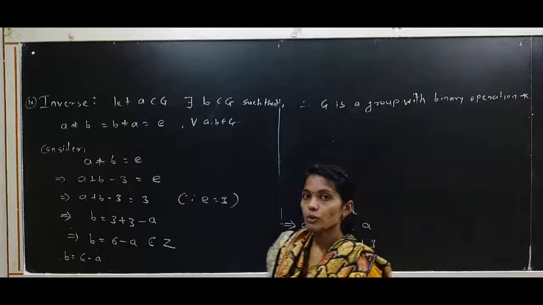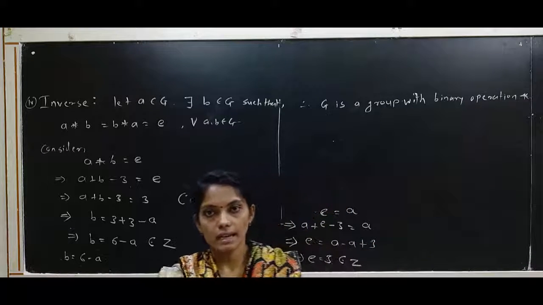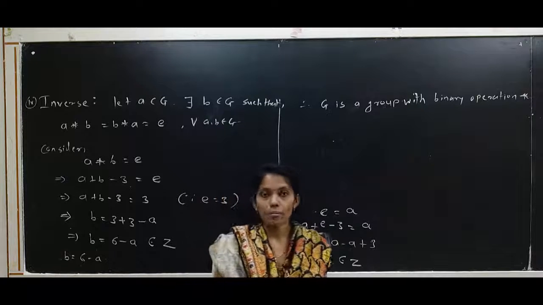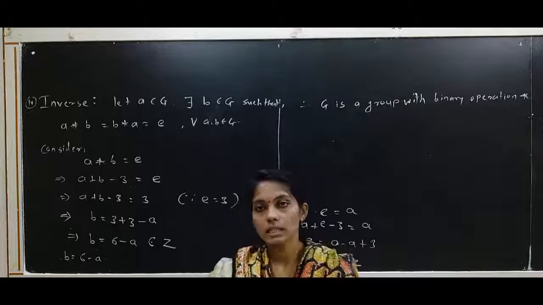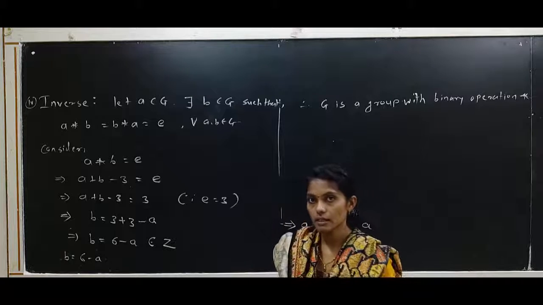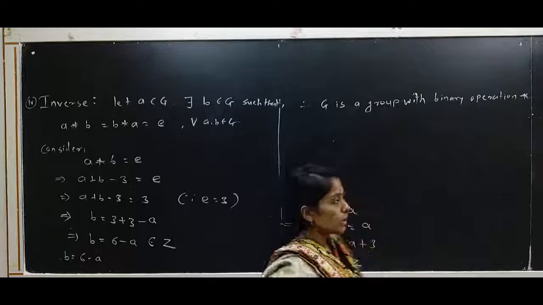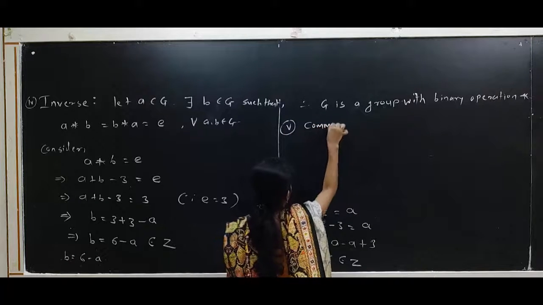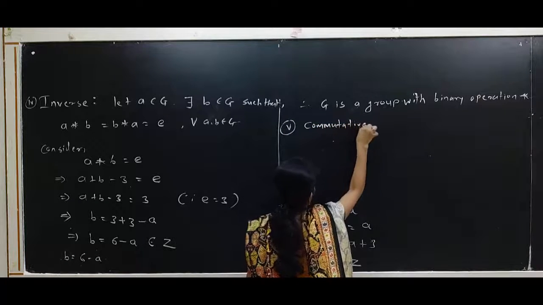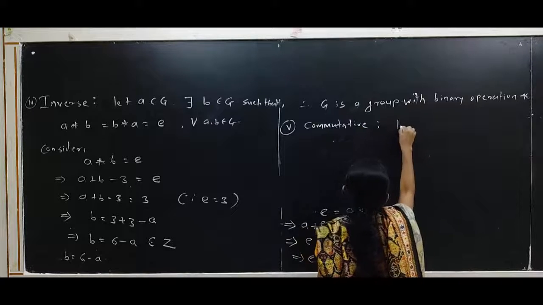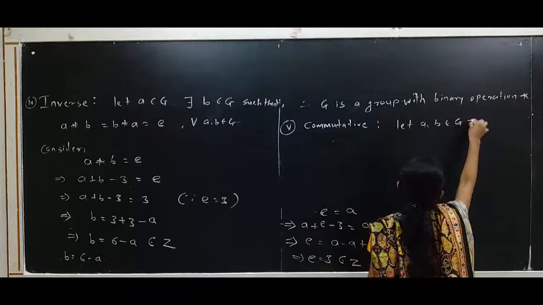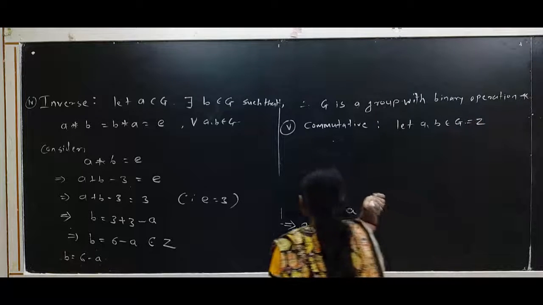Now here we want to show that G is an abelian group. For abelian we want to show that the binary operation is commutative on set G. Okay, so here we see the commutative property, fifth. So let A and B belong to the set G, that means the set of integers.